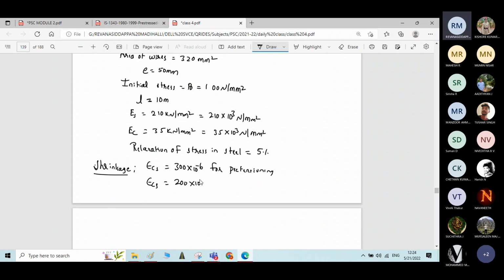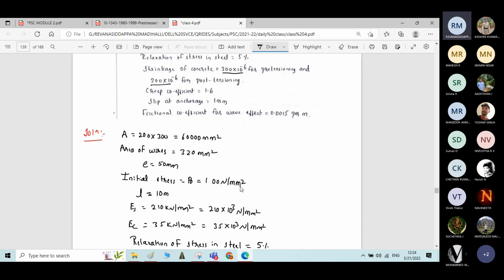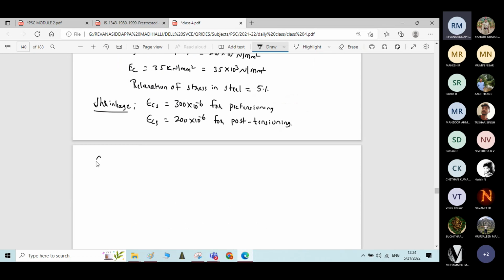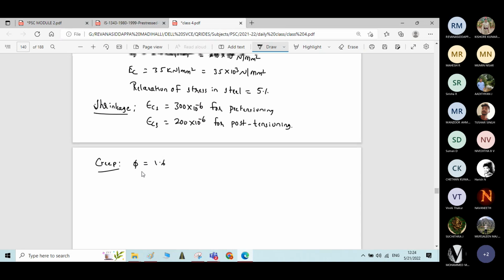Then the creep coefficient is given, phi 1.6.